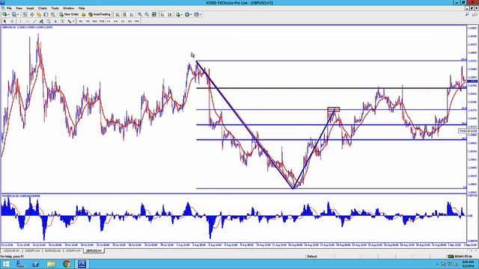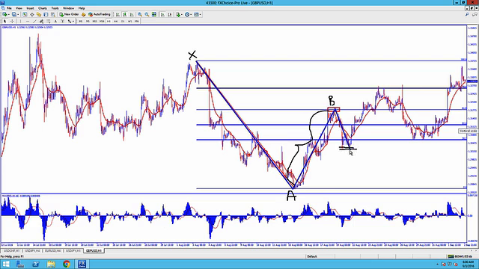We call this an X, an A, and a B. Now, the move down that we look at needs to be between the 38 and 88% of the move up right here. As you can see, it's right there about halfway.